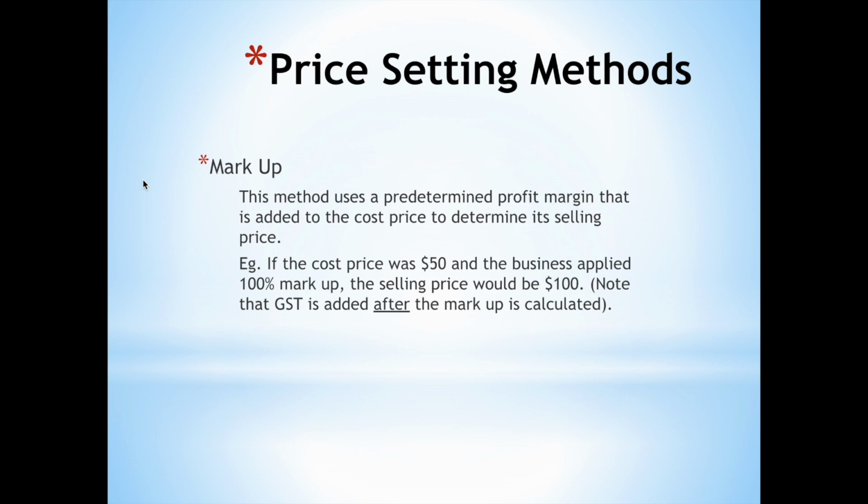A watch cost $50, and let's say Prouds Jewellers added a 100% markup. They would calculate 100% of the cost price, which is $50, and then add it to it. That would make the selling price $100 because it's marked up by 100%.